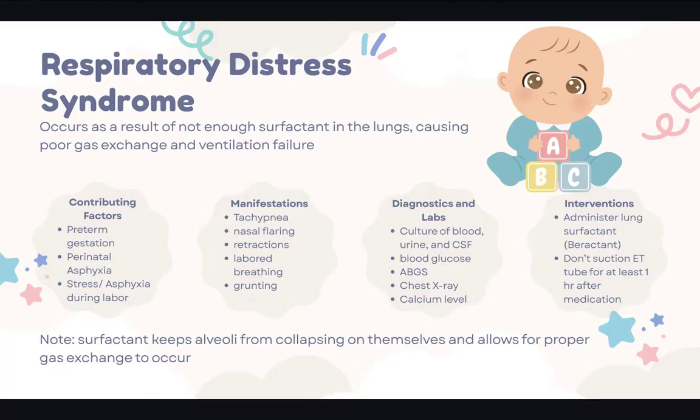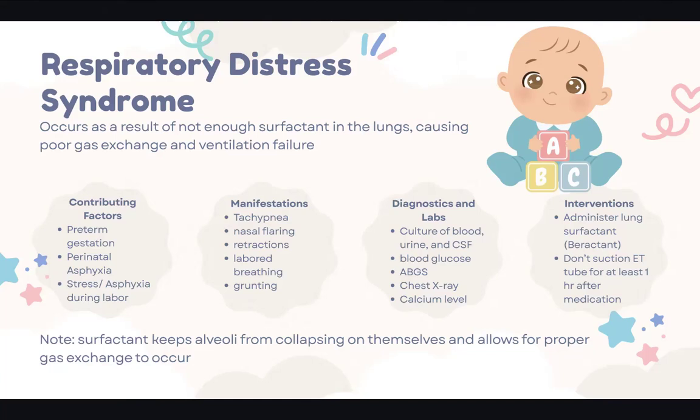Okay, there are other manifestations like tachypnea, nasal flaring, retractions, and grunting that you can see as well. We're also going to check their ABGs. We're going to check cultures for CSF, blood, and urine. Make sure there's no infection there, right? Because that respiratory distress could be pneumonia or something like that.